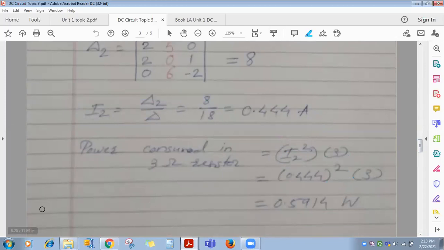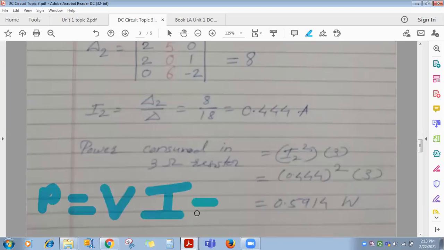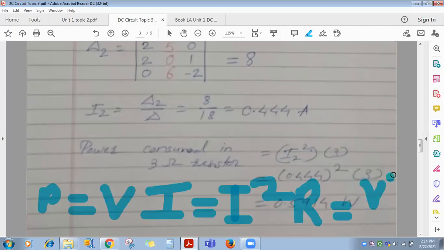Everyone please write this. P is equal to VI. Okay? And V is equal to what? IR, Ohm's law, all of you know. So what equation will you get? If I replace V with IR, I'll get I square R. Or if I replace I with V by R, it will be V square by R. Write down this formula, everyone.